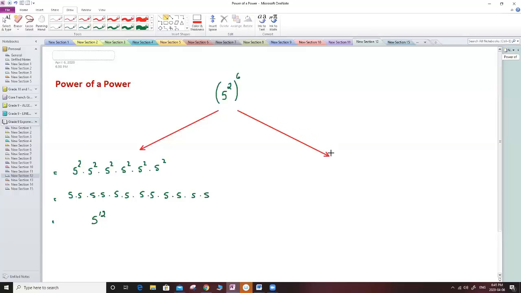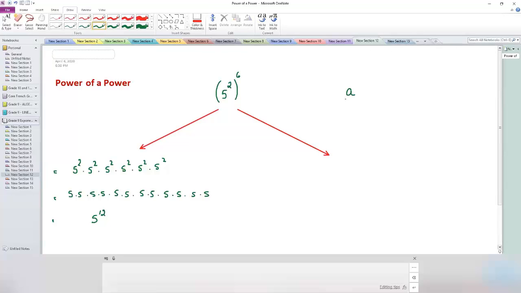So let's see the grade 9. Grade 9, usually they use one of the exponent rules or laws. Power of a power. If I have the base a to the power of m, everything to the power of n, the law says that you take this base and you multiply the two exponents.